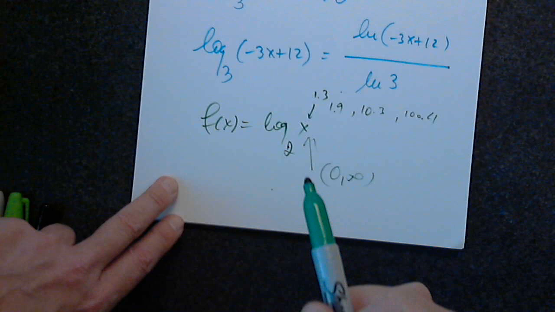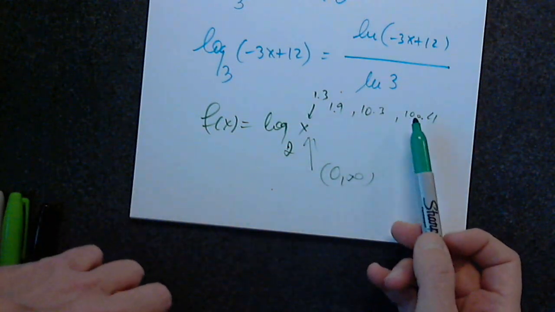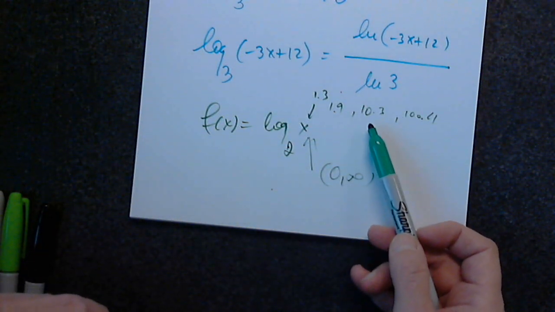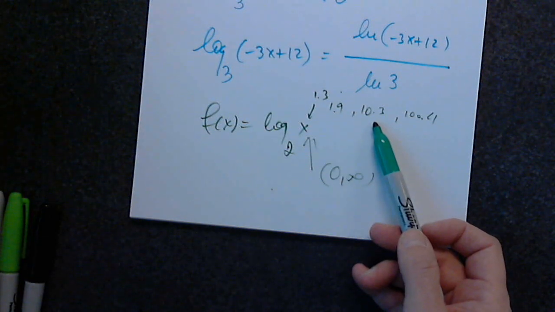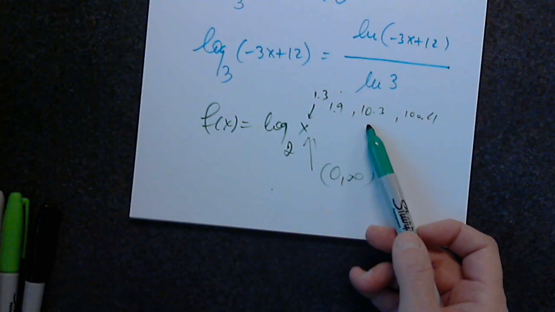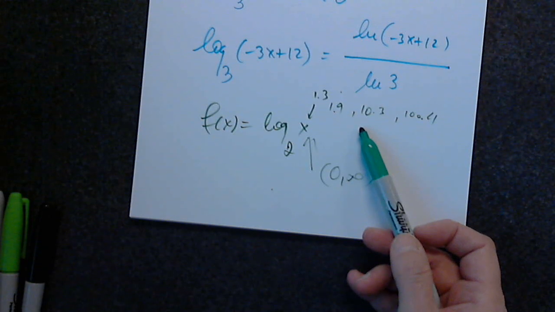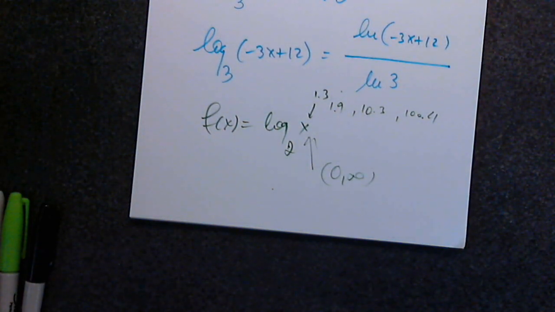But if I want to plot this function, I don't really want to plot 10.3. How on earth can I plot 10.3 and stand by it, right? And say that's 10.3. No, of course not. It's not going to be easy.